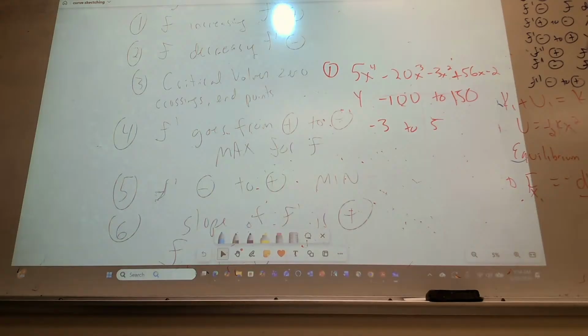So you're going to go through each of the zero crossings. You get that other zero crossing.